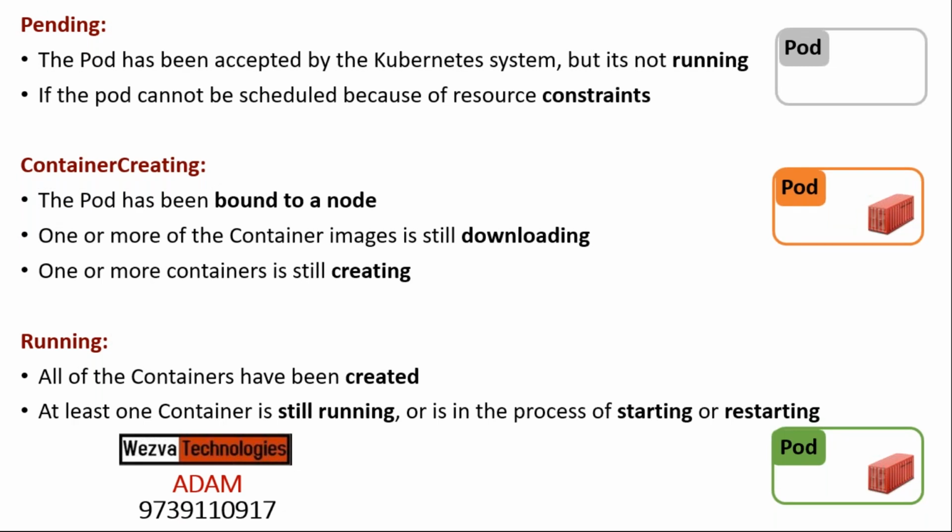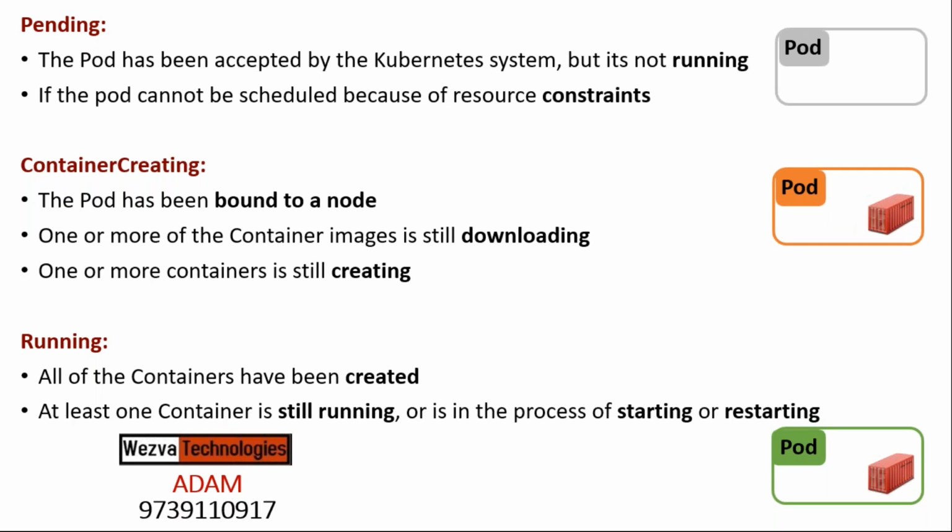Next, assume that Kubernetes was able to find a machine in which the resources match, and the pod gets assigned. Now what happens after that? Once the pod gets assigned to a particular machine, which we call a worker machine, the container gets created.